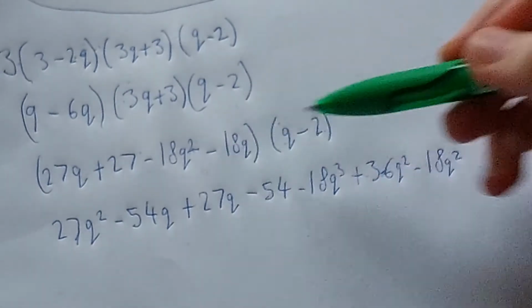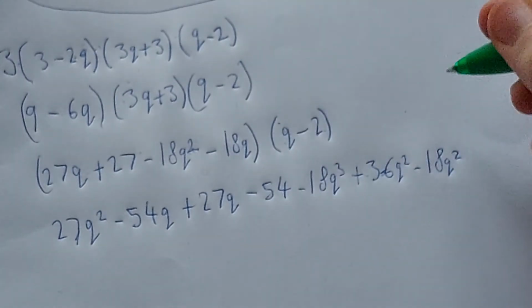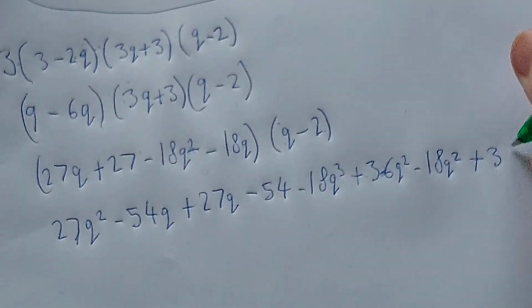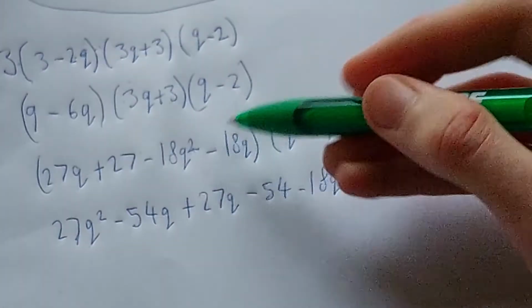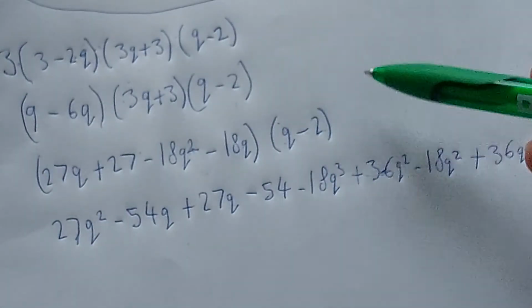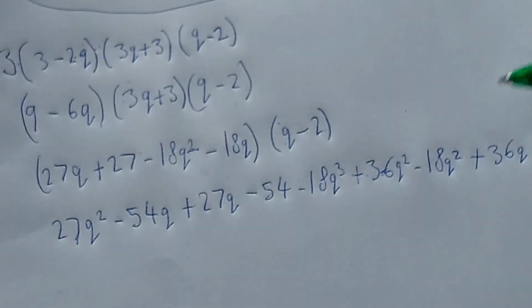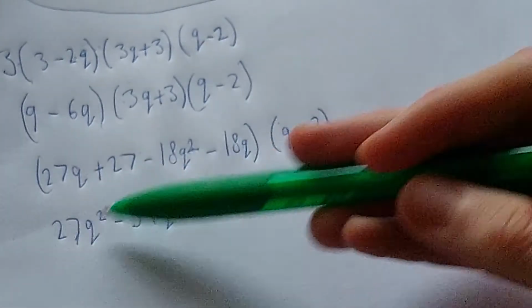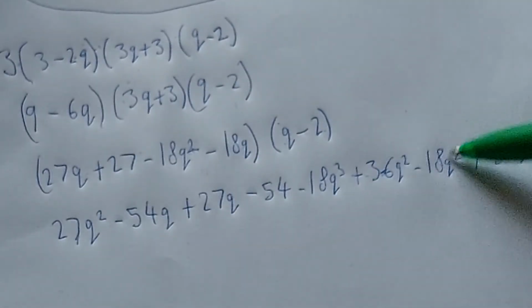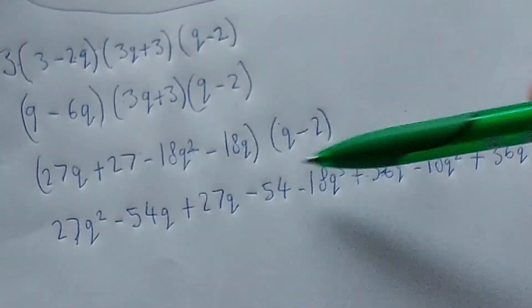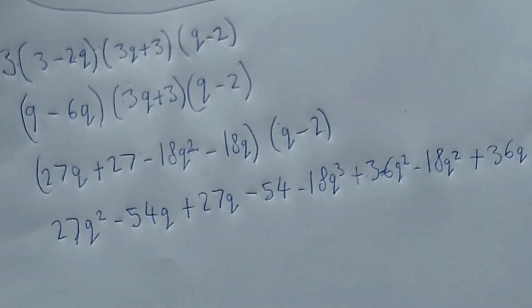And then we've got minus 18q times minus 2, would simply just be plus 36q, as we've got two negatives again, which make a positive. 18 times 2 is 36, and then we put the q in. So we should have 8 individual characters again. So 1, 2, 3, 4, 5, 6, 7, 8, excluding the pluses.